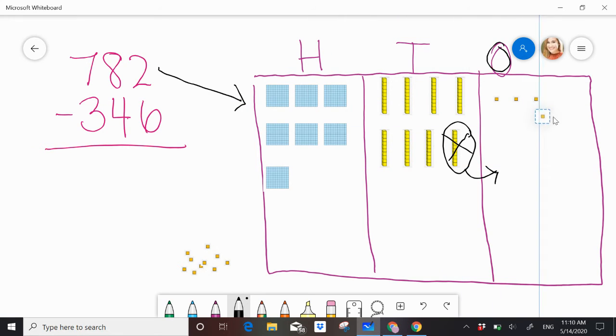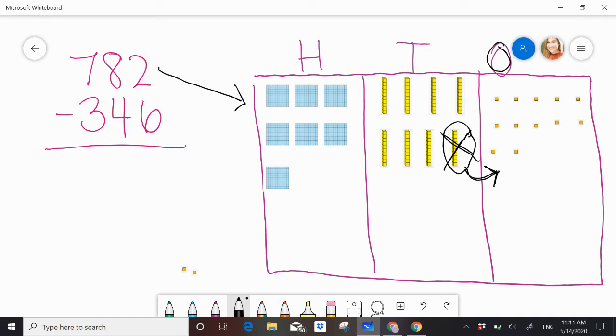1, 2, 3, 4, 5, 6, 7, 8, 9, 10. Great. I took this rod and I moved it over to the ones place and broke it up into those individual cubes.